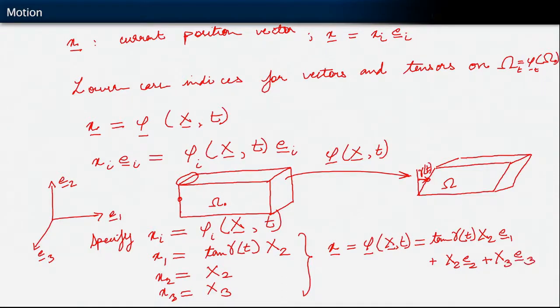This then is our first and admittedly very simple example of a motion. It is what we may call simple shear. All right, we'll stop here with this segment.